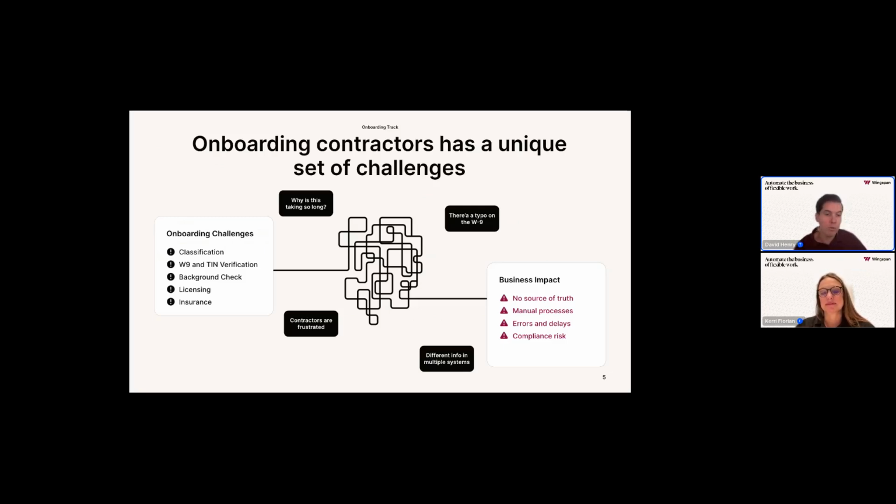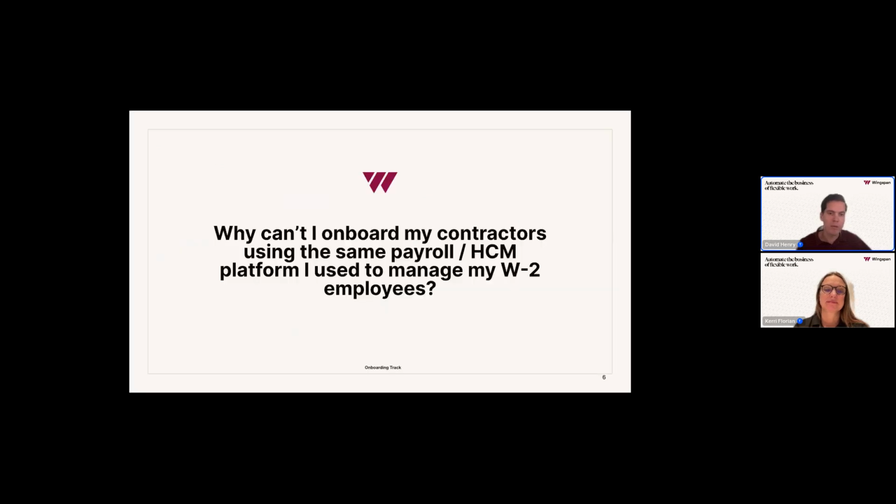Acquiring and retaining those contractors is both a really difficult and a really expensive endeavor, which is why contractor experience matters. If a business is difficult to work with, it's hard to get paid, or you don't know when you're going to get paid or whether that number is accurate, it can have downstream effects on your ability to retain those contractors and also grow your business long term.